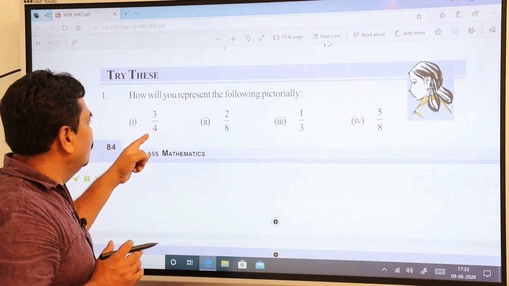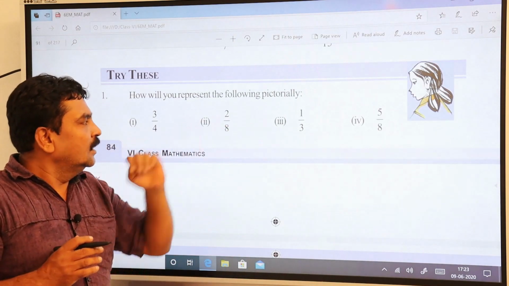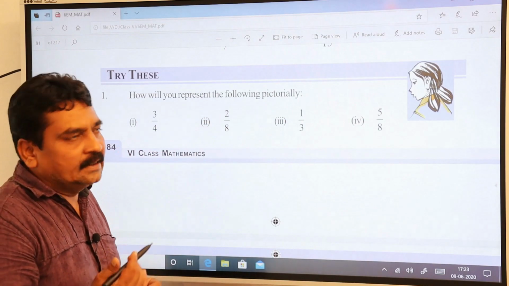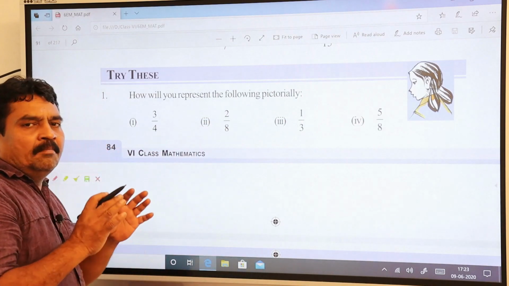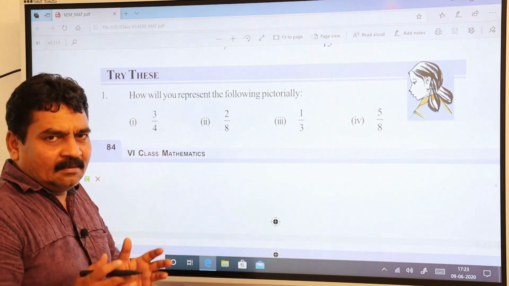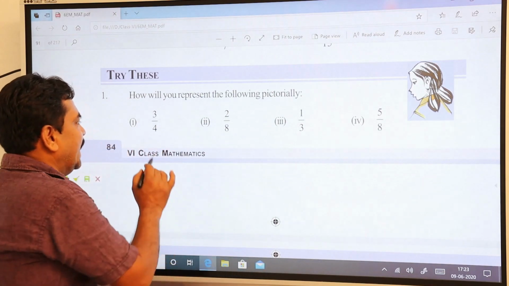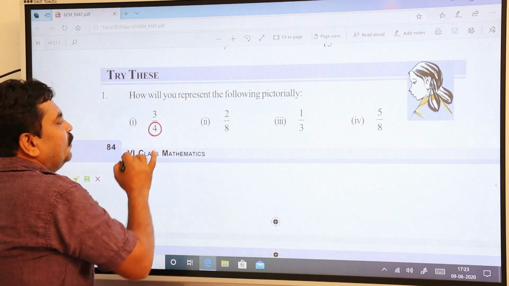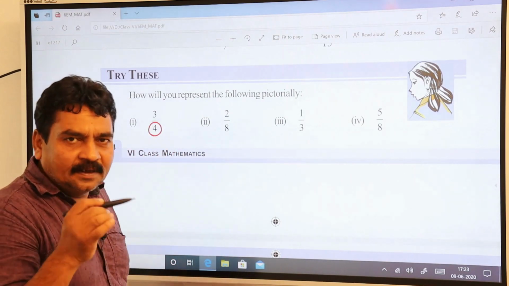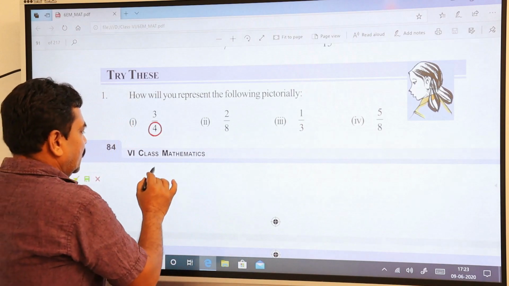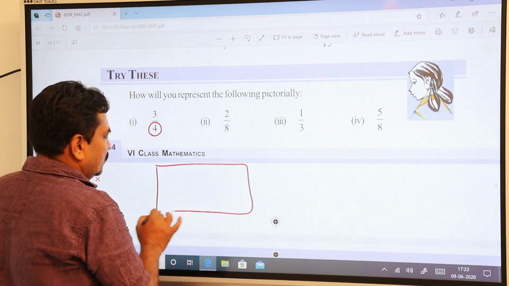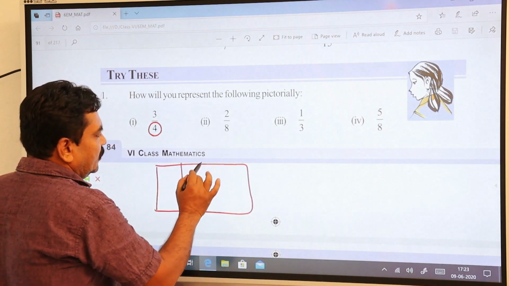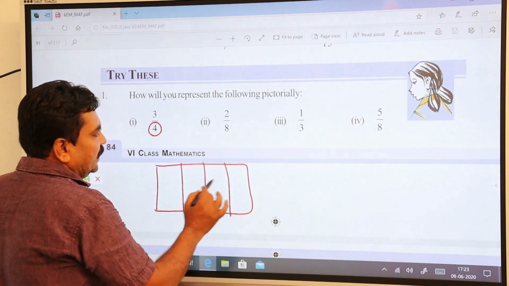I am going to explain the first and third. You do the second and fourth by yourself. Prepare an object in such a way that it has 4 parts, out of which 3 parts you shade with a different color. For example, if I take a box which has 4 parts, 1, 2, 3 and 4.